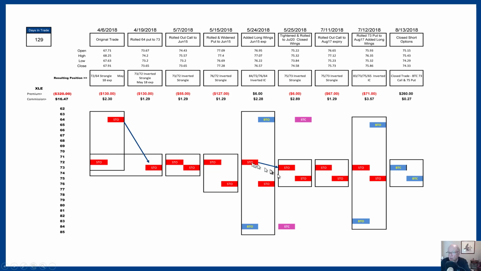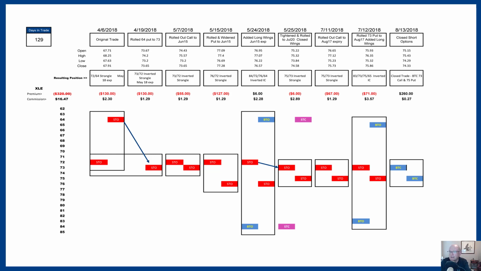So I was able to roll the 72 call up to 73, and I was able to roll the 76 put down to 75. So now I've got a 75, 73 inverted strangle. I collected $6 for doing that, but even more importantly, I reduced the width between the short strikes. So now if the trade would expire within those 2 short strikes, it only costs me about $2 to exit that trade. I've collected far more than that in premium.